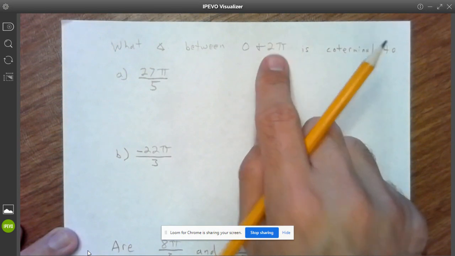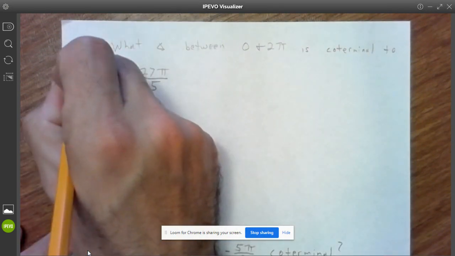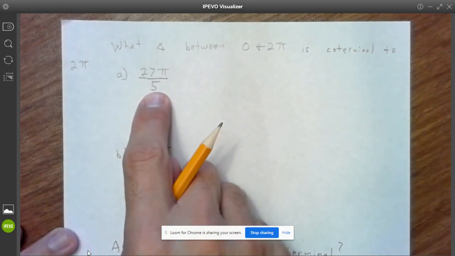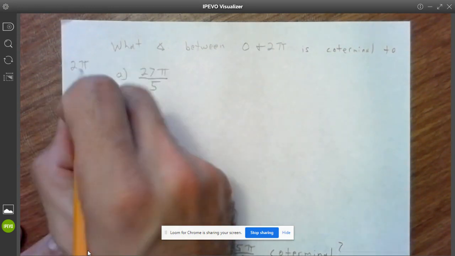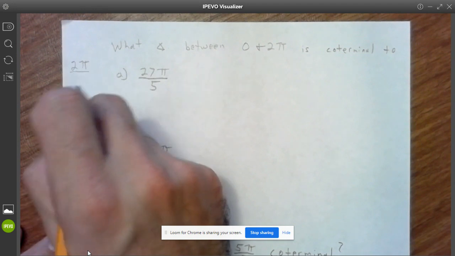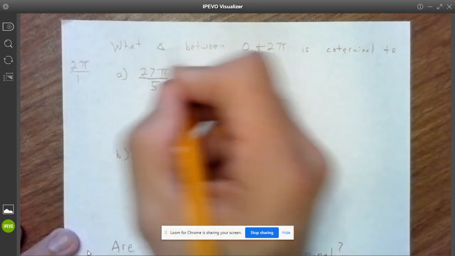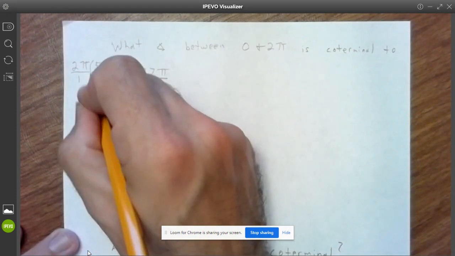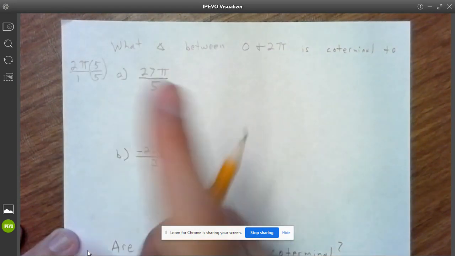So what you have to do is rewrite the 2 pi so that it has the same denominator as this one. So we want it to have a denominator of 5. So we're going to multiply by 5 over 5, and that will give us the same denominator here.